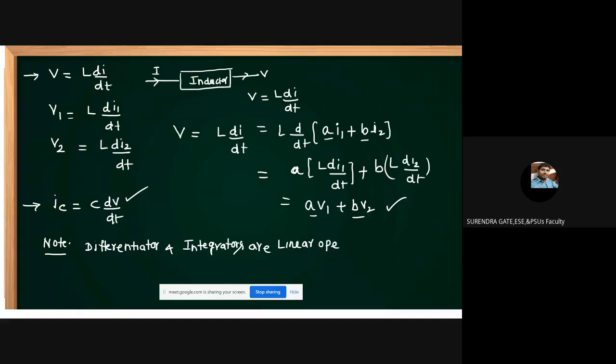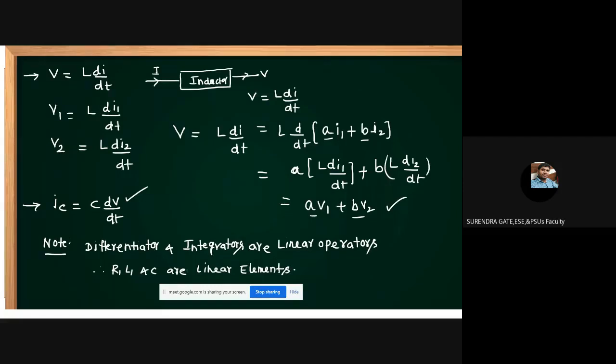Again, the concept will come again for superposition and homogeneity only. That's why it is a linear element. Hence, R, L and C are linear elements.